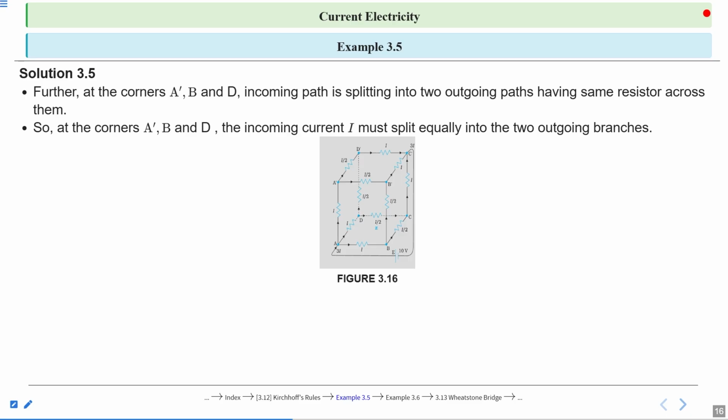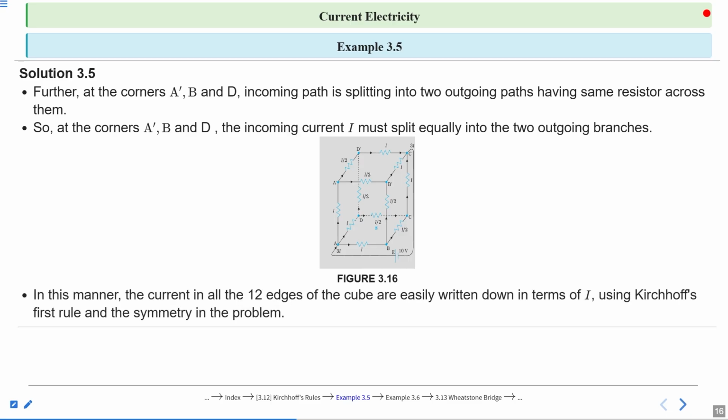At point B, the path divides into two outgoing paths, B B dash and BC. So the current I divides in half, splitting equally into two outgoing branches. In this manner, the currents in all 12 edges of the cube are easily written in terms of I, using Kirchhoff's first rule and symmetry in the problem.